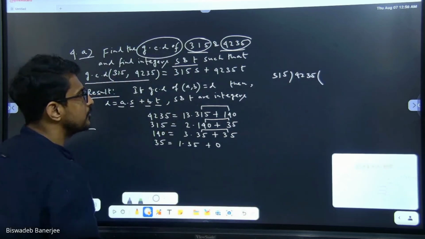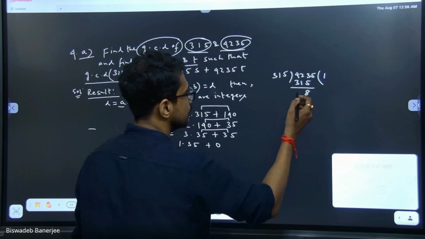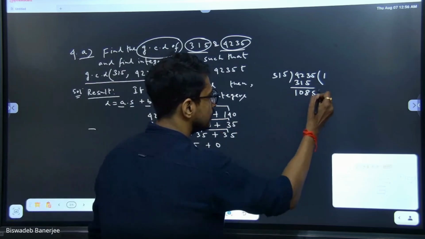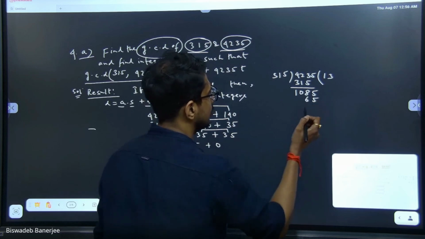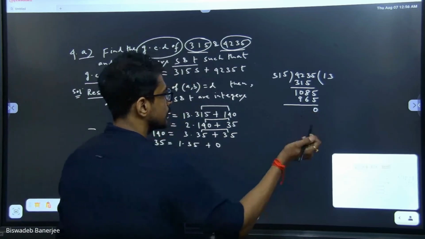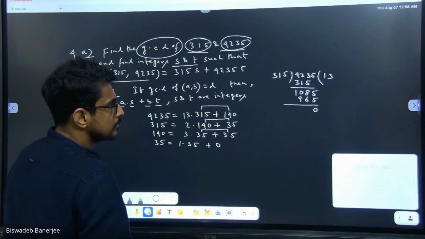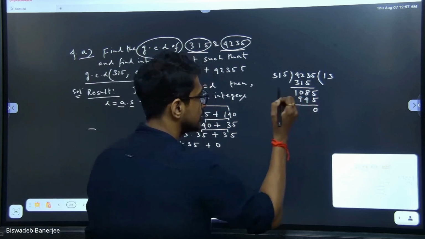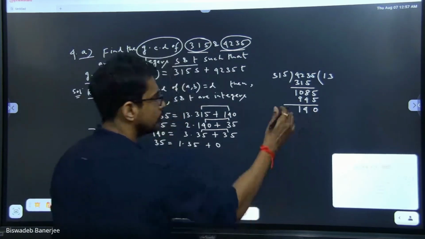If we divide 4235 by 315, the quotient is 13 and the remainder is 140.